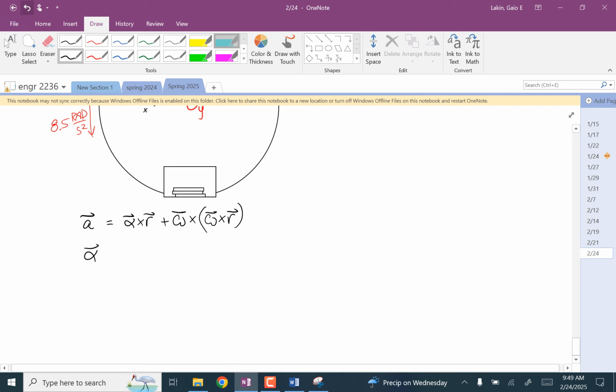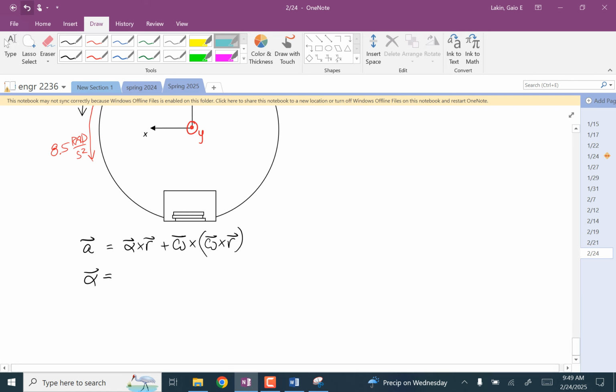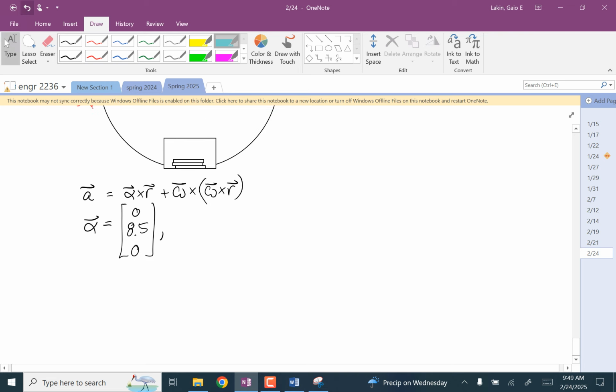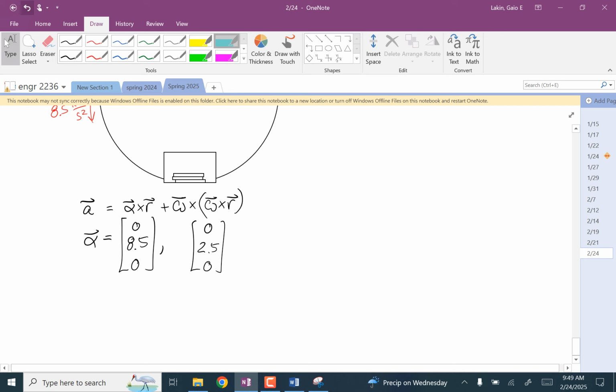So alpha is equal to 0, 8.5, 0. Omega is 0, 2.5, 0. That's omega.